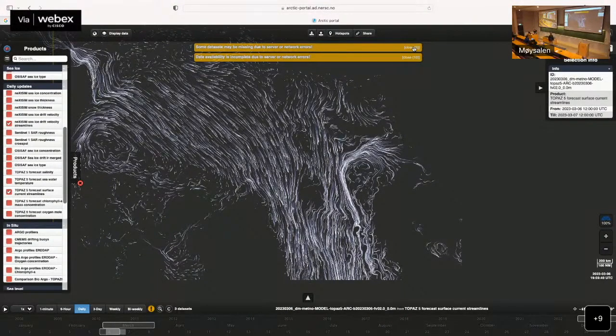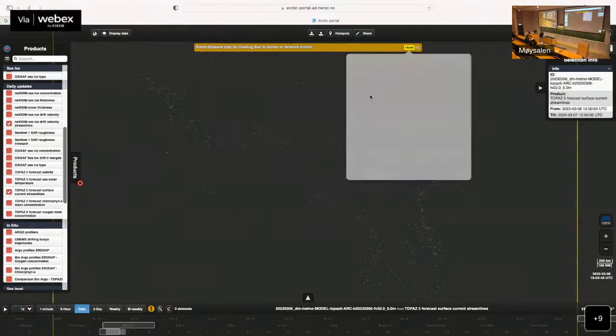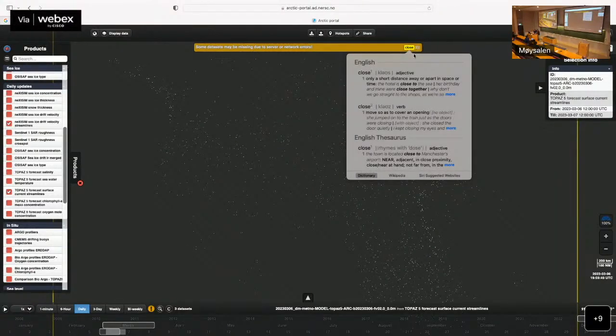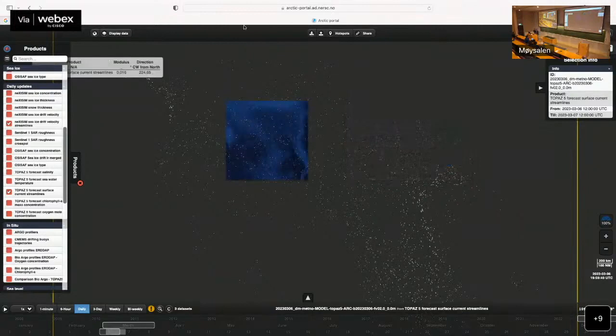It doesn't move. It's frozen. So I need to probably go out of it and connect again. Why doesn't it work?